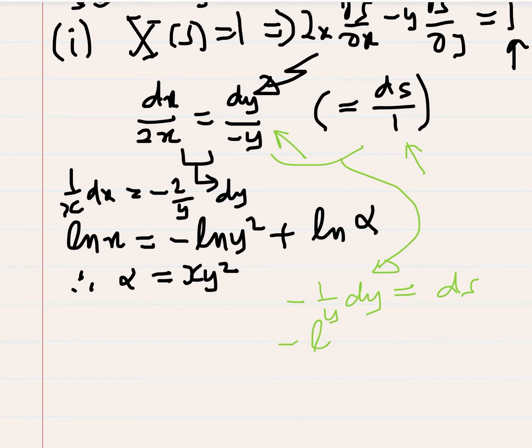Integrate both sides, you get minus ln y equals s. This time I'll put the integration constant, which is going to be the dependent invariant gamma, and that will give us that gamma is equal to s plus ln y.